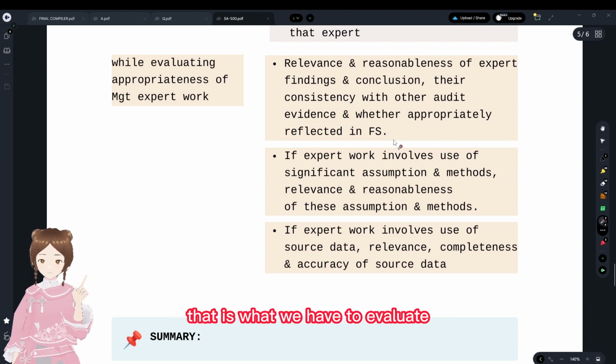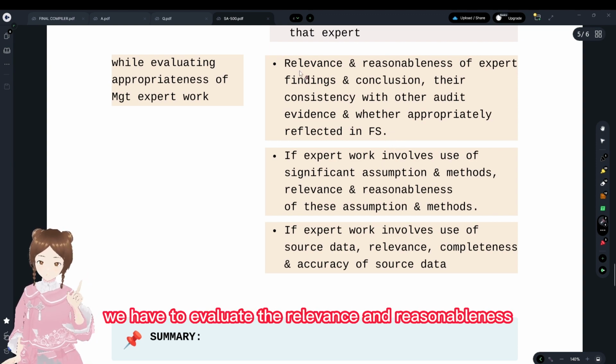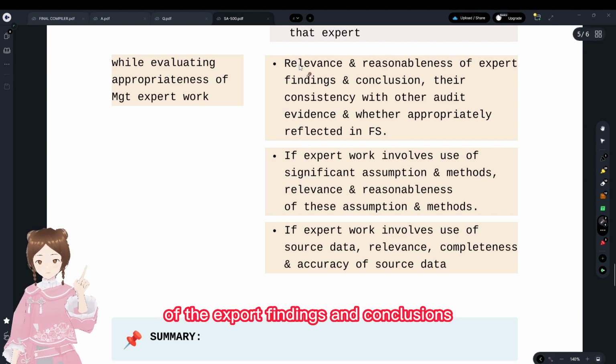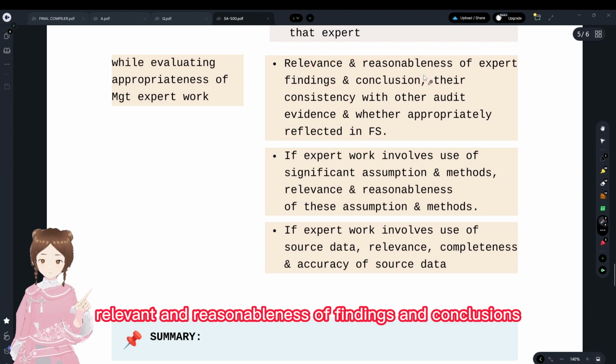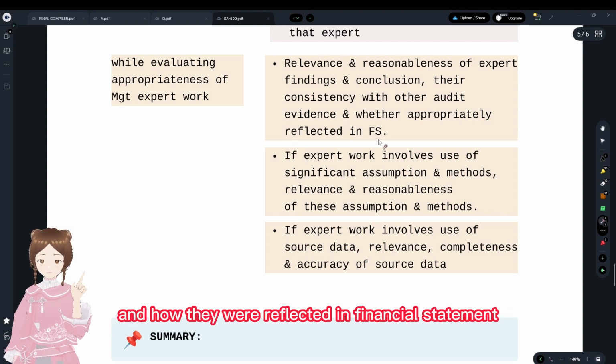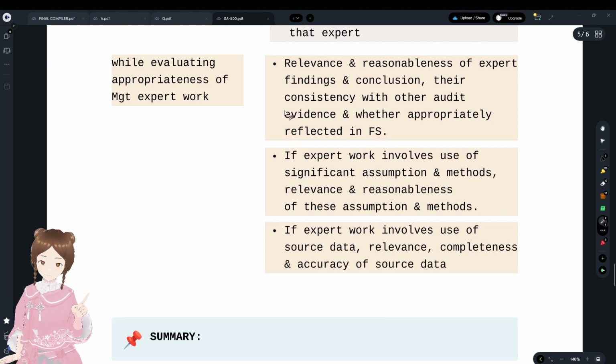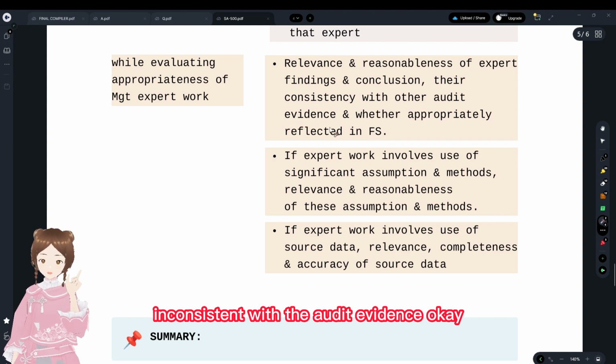That is what we have to evaluate. Remember this: relevance and reasonableness of findings and conclusions, and how they were reflected in the financial statements and how they were inconsistent with the audit evidence.